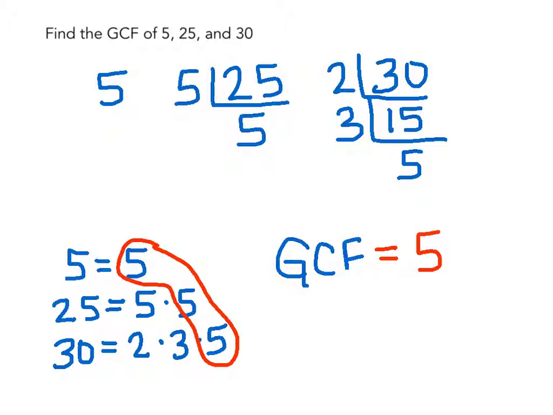That is the only prime number that 5, 25, and 30 all have in common. Therefore, that is the greatest common factor. Remember what that means. It means that 5 is the largest number that will divide evenly into 5, 25, and 30.